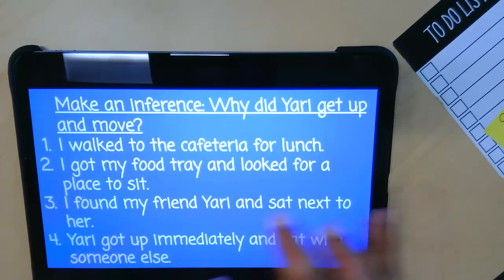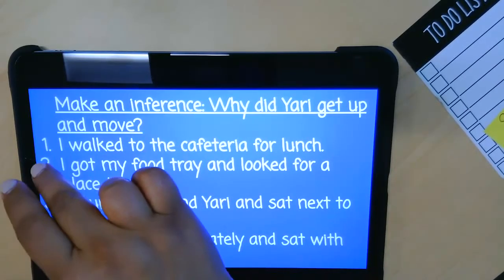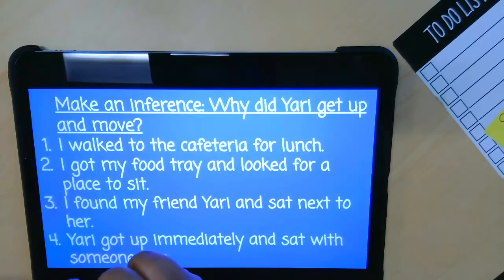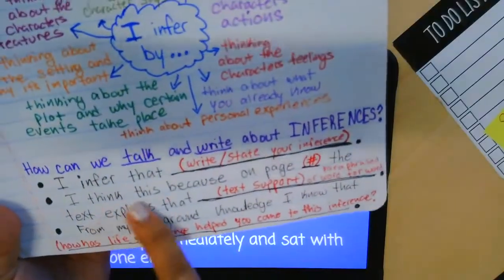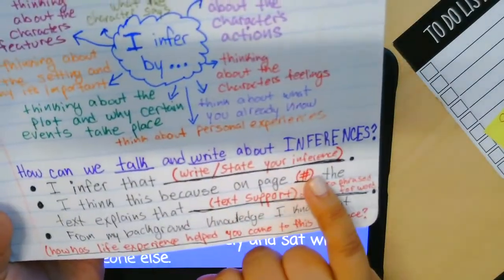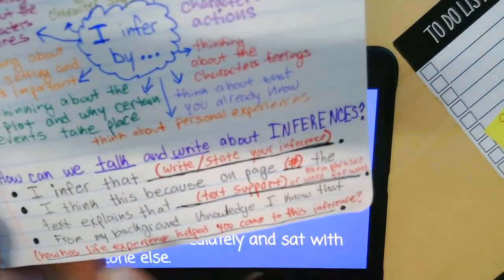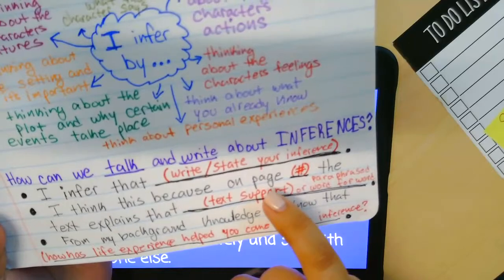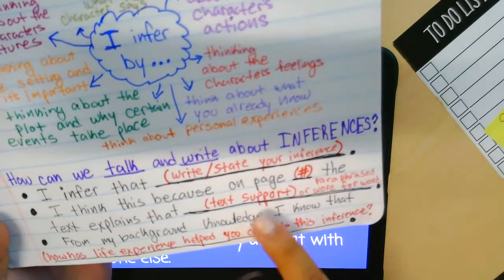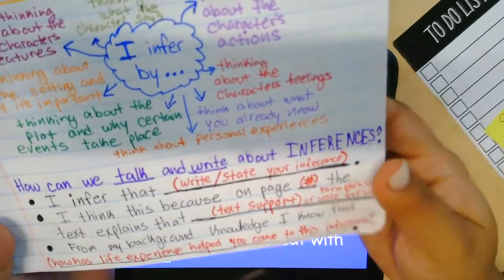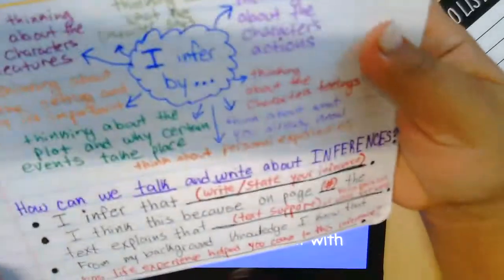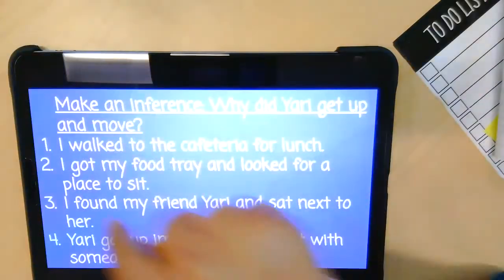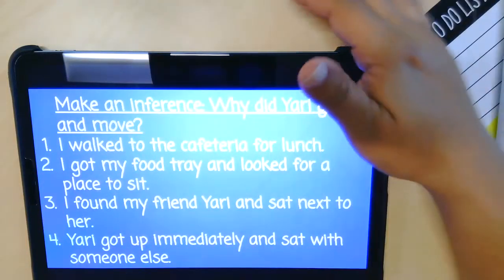So here these numbers are here to help us write. So instead of writing, I think this because on page number, you would write, I think this because on line number. So line number, okay? And I'll model that for you in a second. So that's why there are numbers here to the side.